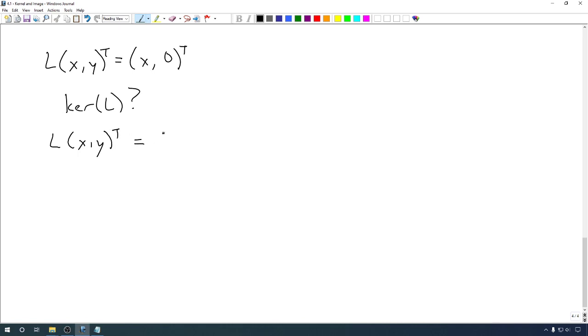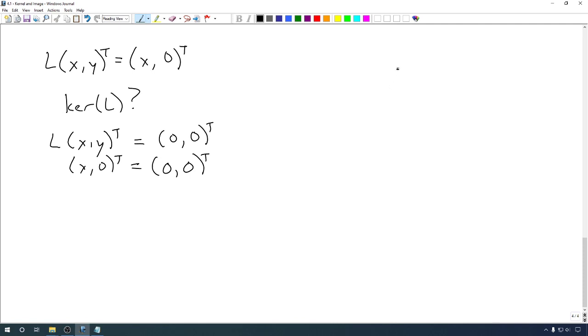If we want this to equal (0, 0) when we come out, what does that say about x and y? Well, L of (x, y), from our definition, is just (x, 0), and we want (x, 0) to be the zero vector. What does that say about the x and the y that we put in here? Well, it doesn't say anything about y. y is no longer part of our equation, but it does mean that x has to equal 0.